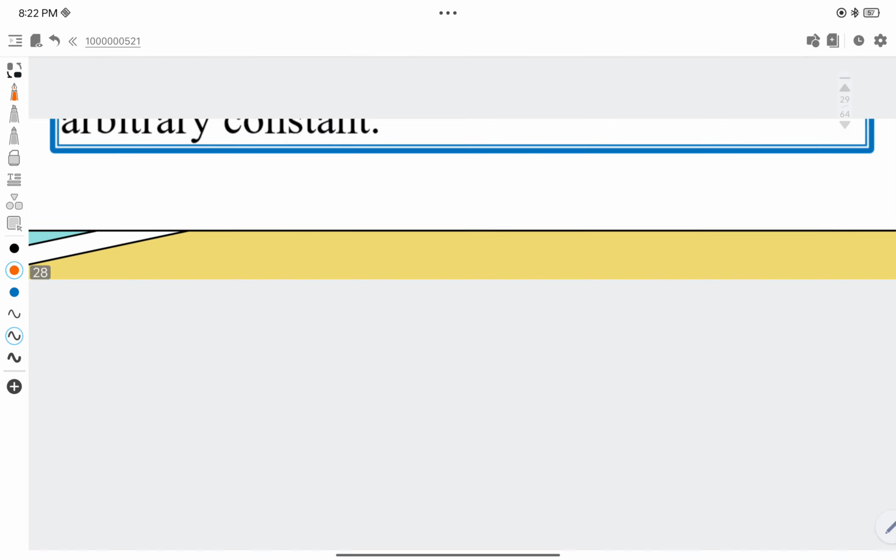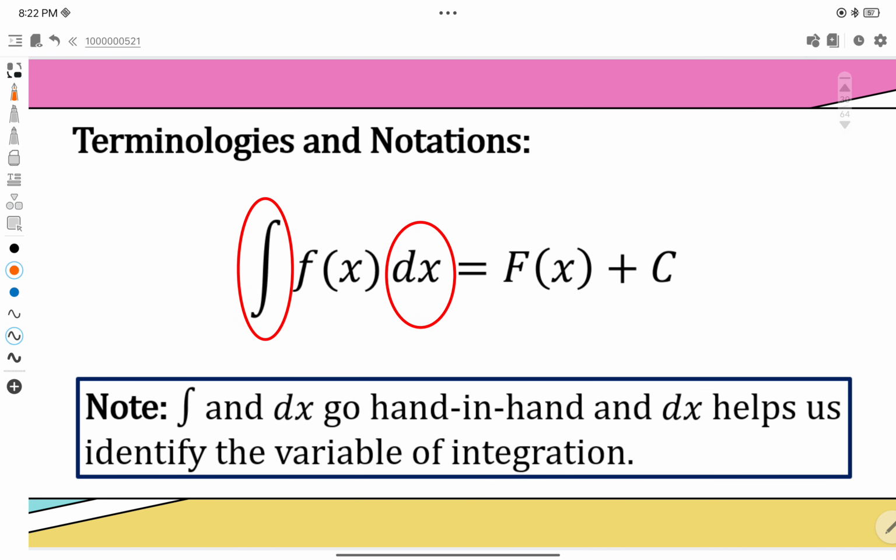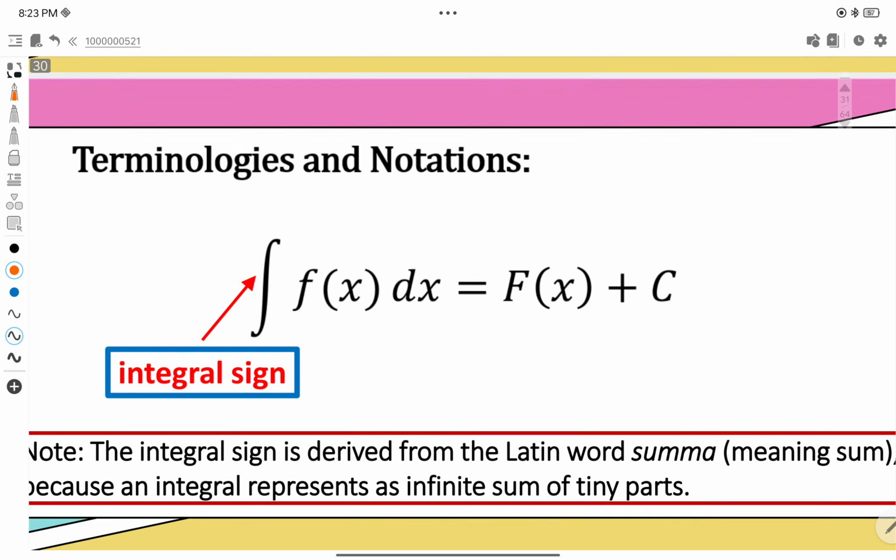Okay, let's go directly to the notations. This symbol here is called an elongated S. The elongated S and dx go hand in hand, and this dx tells us the variable of integration.